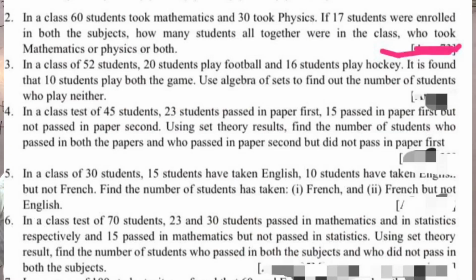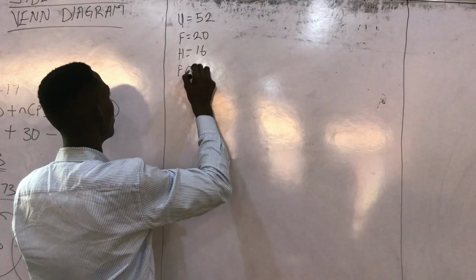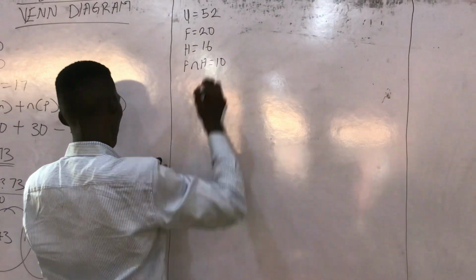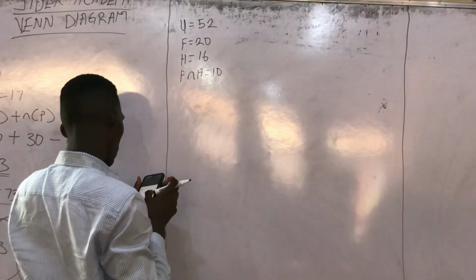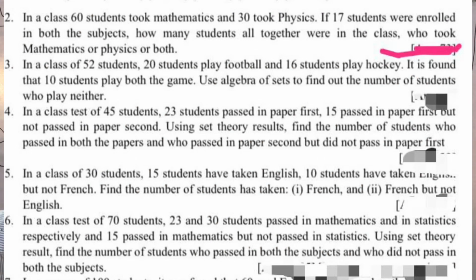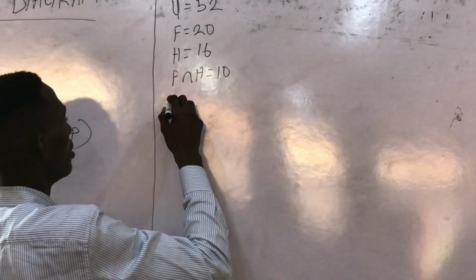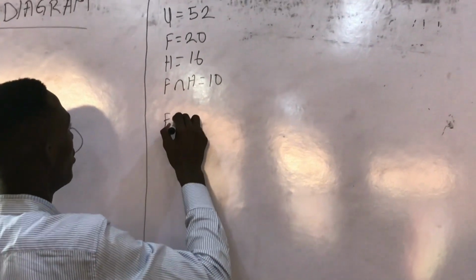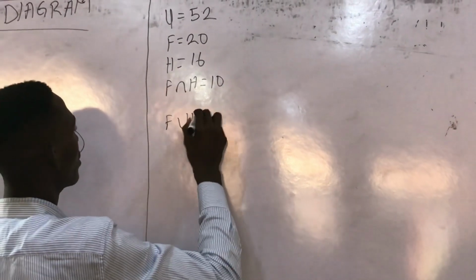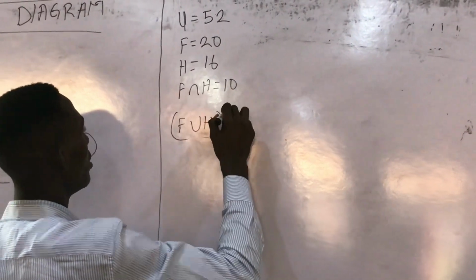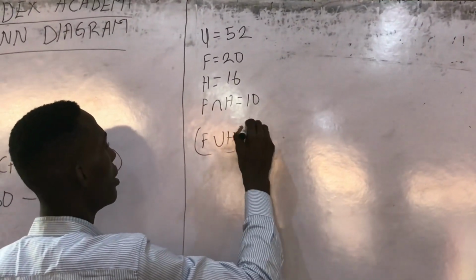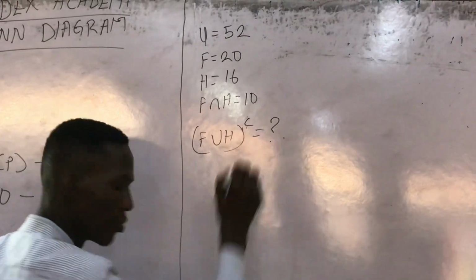It is found that 10 students play both. We are now told to find those that play neither. If you are looking for neither, that will be F union H, complement, or prime. So we are told to look for this.